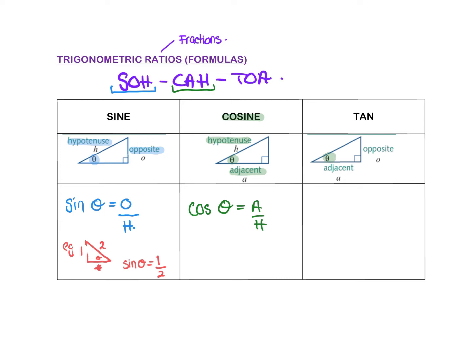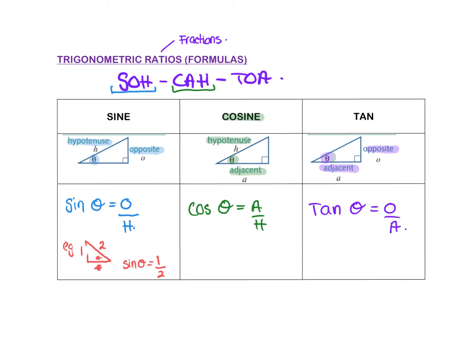Tan is where we use the adjacent and the opposite. Because it says TOA up there, that means the O is on top. So we'd have O over A. Okay, so they're our formulas.